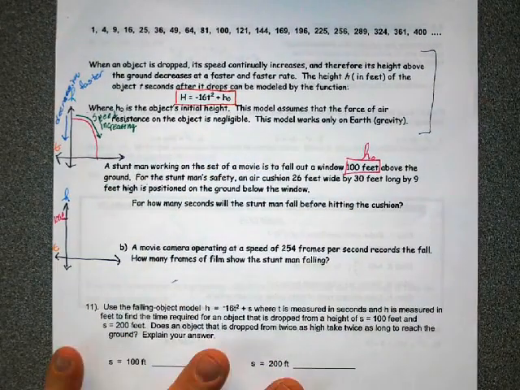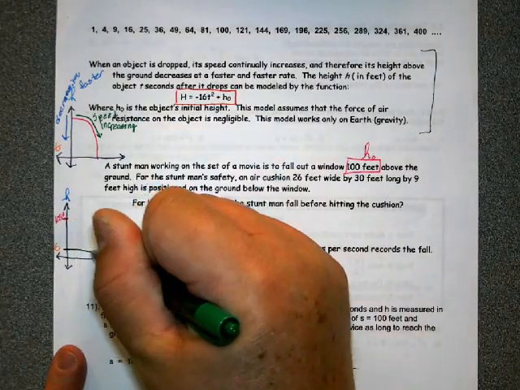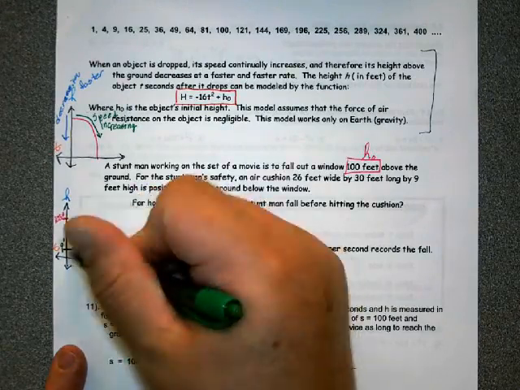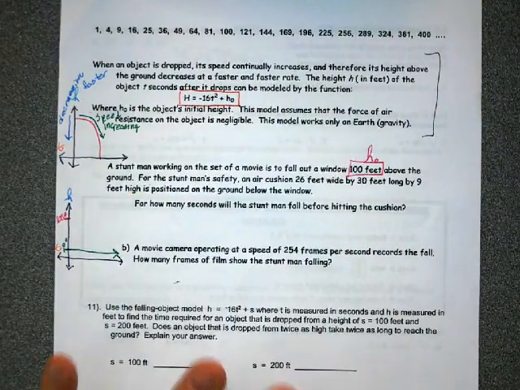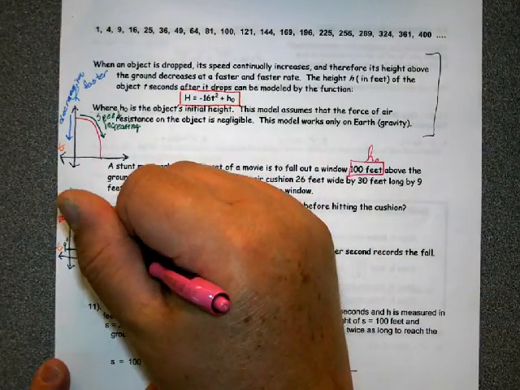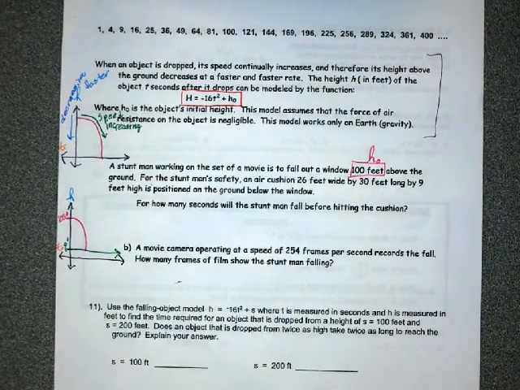So it's going to be 9 feet, right? I'm going to move my ground up 9 feet because that's where he's actually going to land. So he's going to fall out of this window and land 9 feet from the ground. So there's my picture.